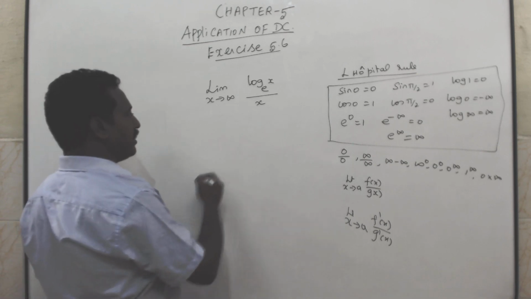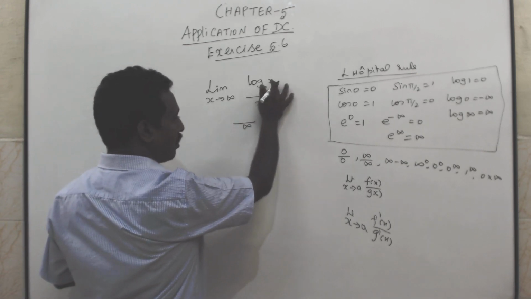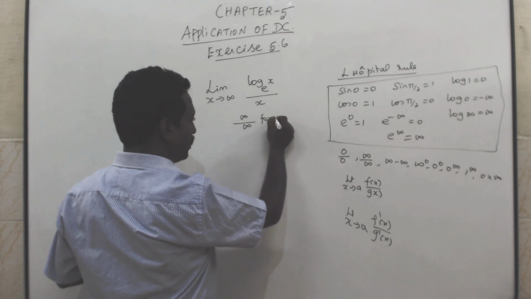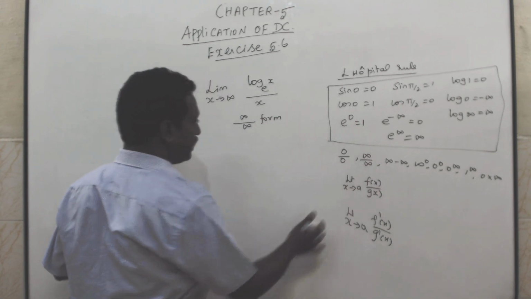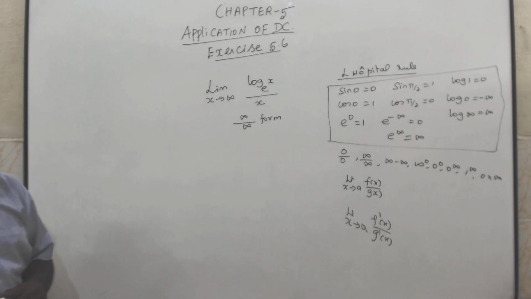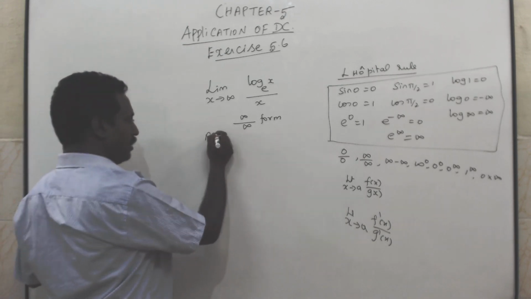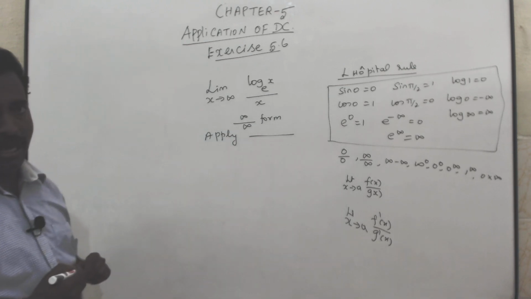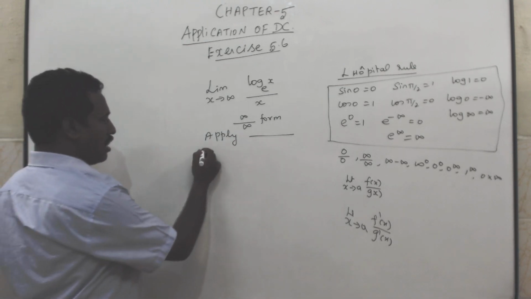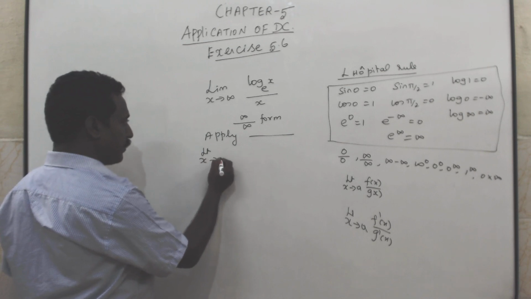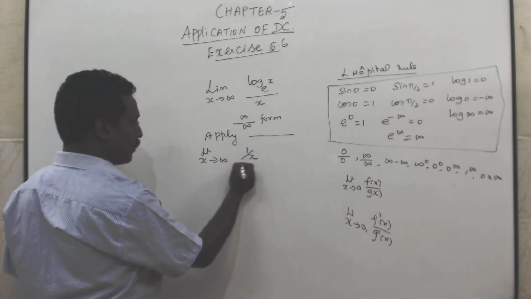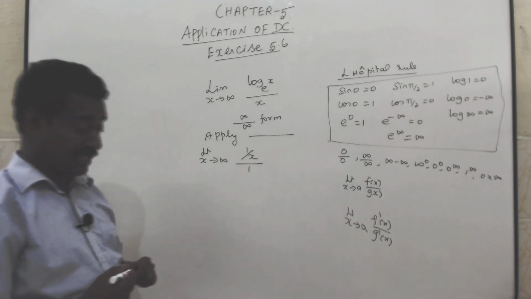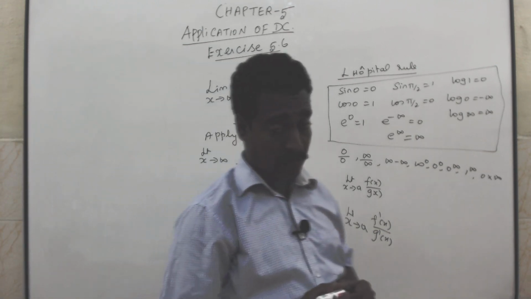When we put infinity, log infinity is infinity, so infinity by infinity is indeterminate form. If it is indeterminate form, apply L'Hopital rule. Limit x tends to infinity, log x differentiation is 1 by x, x differentiation is 1.